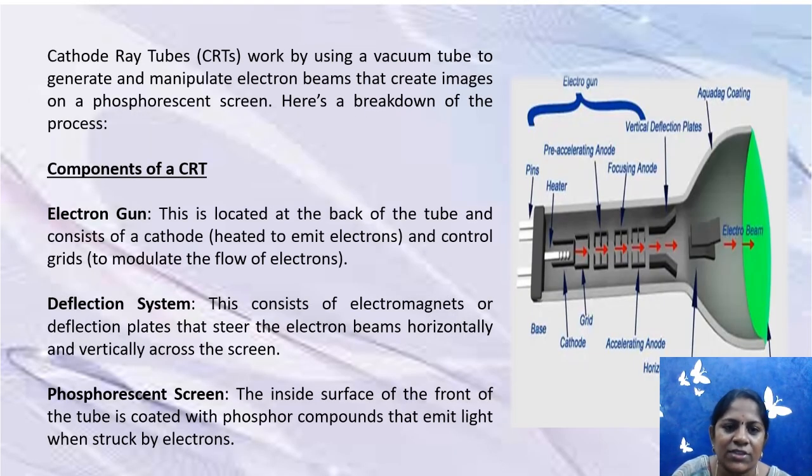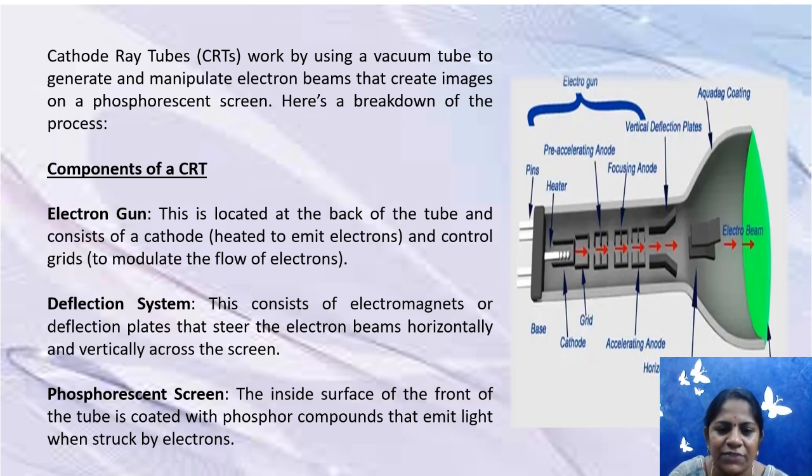And here are the components of CRT: electron gun, deflection system, phosphorescent screen, and these are the features of the components of CRT. We can have a glance. The electron gun is located at the back of the tube, with a heater to emit electrons and a control grid to modulate the flow of electrons.